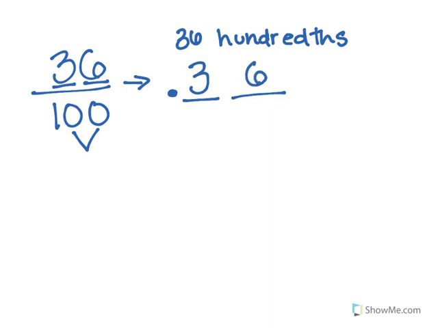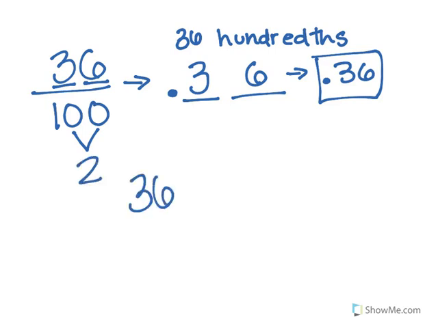So I have the decimal, 36 hundredths. Or I could have noticed there were two zeros and done it this way, where I write 36 where my decimal point's usually right here, and I move it forward 2 spots. So then in the end, I have 0.36.